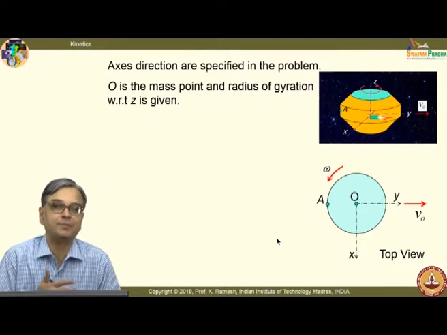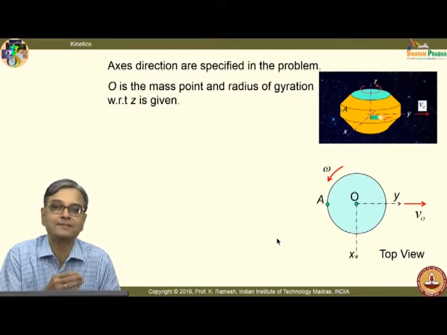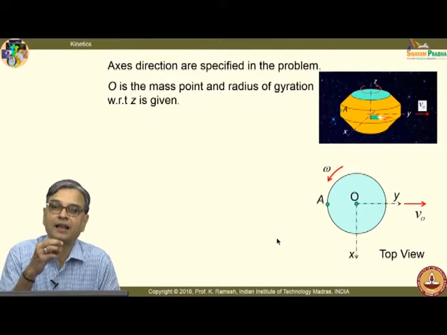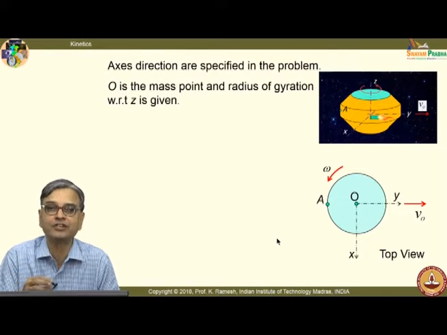See, we had specific connotation while we developed the theory. We have always referred to the mass point as G, fixed point as O, and arbitrary point as P. So, you must come out of that symbolism and learn to apply the correct equation to the symbols given in the problem.